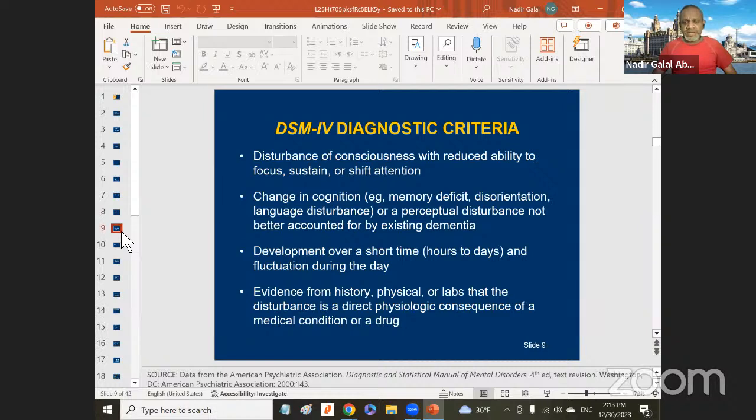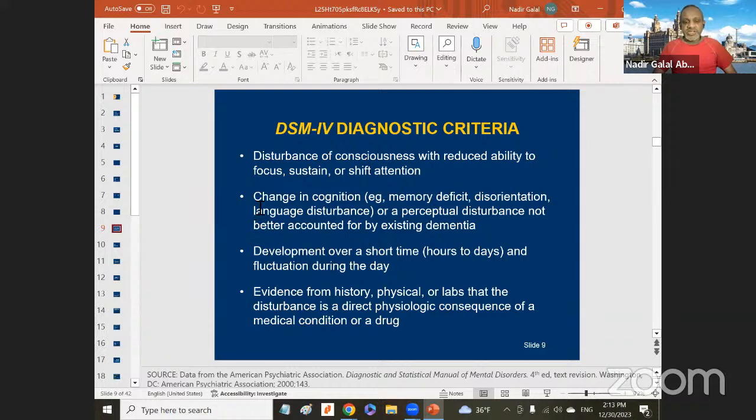So the criteria, you can go over this, but basically there is disturbance of consciousness with reduced ability to focus, sustain, or shift attention. So basically when you talk to a patient, they can follow your conversation. If they lose that following or focusing, then you may think, hey, something is going on.